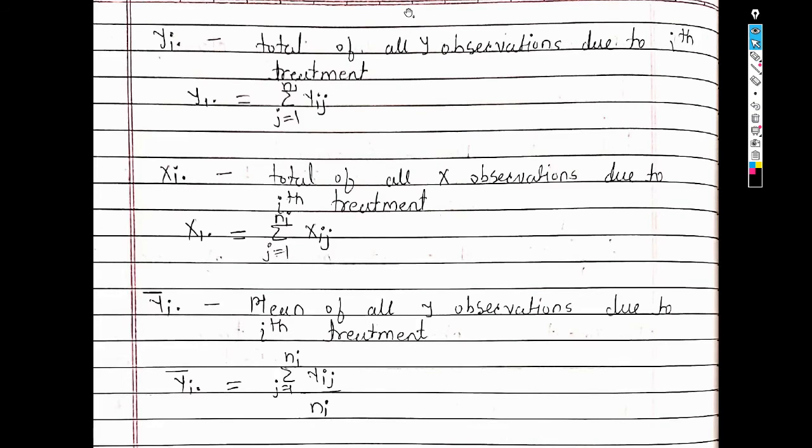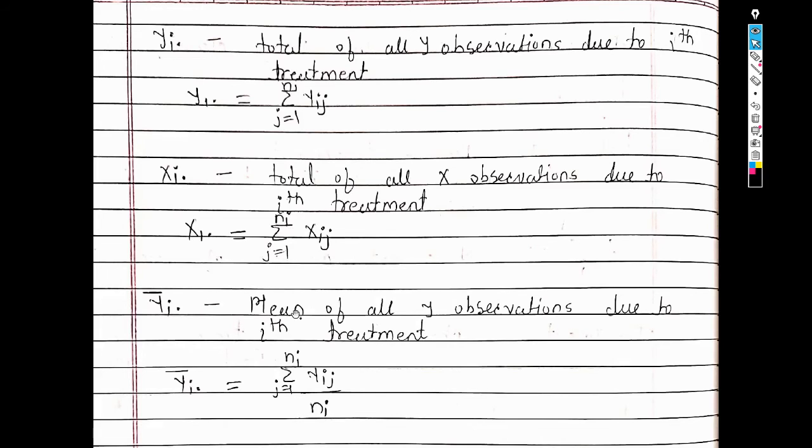Then yi dot is the total of all y observations due to the ith treatment, that is the sum of all observations present in the ith treatment, and yi dot is the summation, j running from 1 to ni, of yij. Similarly, xi dot is the total of all x observations due to the ith treatment, that is the sum of all observations present in the ith treatment, and xi dot equals the summation over j of xij.